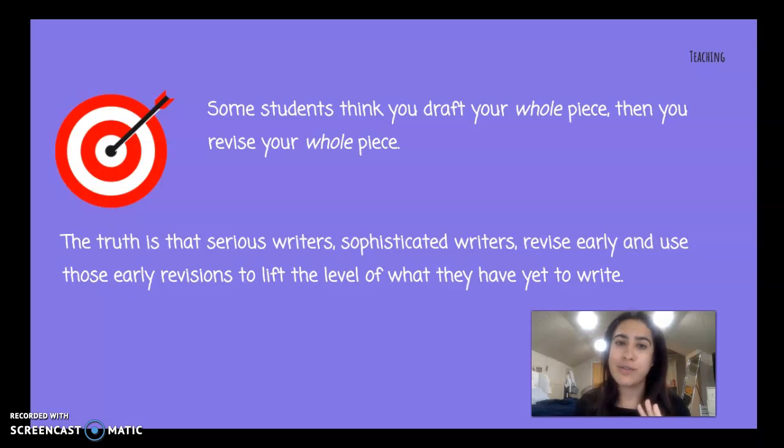Now, I'm not going to make you make 100 drafts, but I am going to ask you that now that we're at this point to do some deep revisions. Because the truth is that serious writers revise early and use early revisions to lift the level of what they've already written. So let's get started.